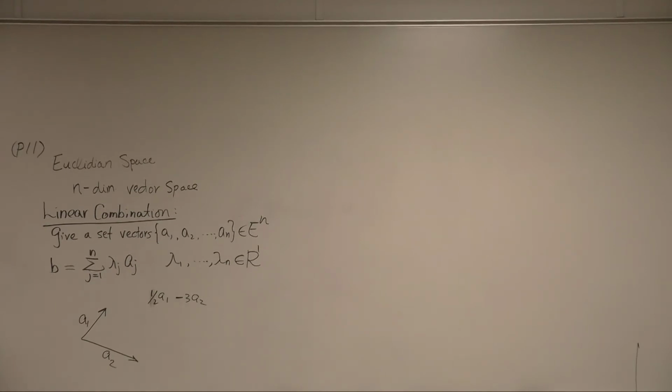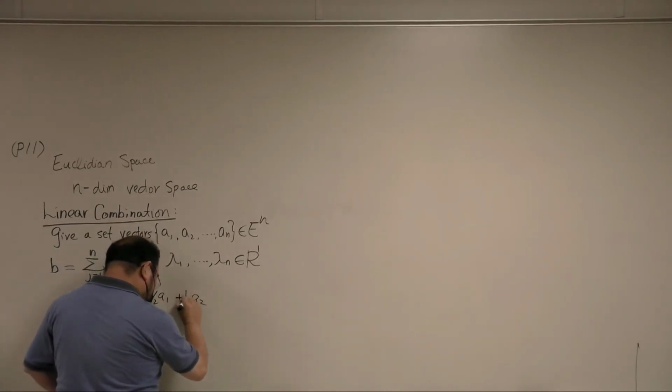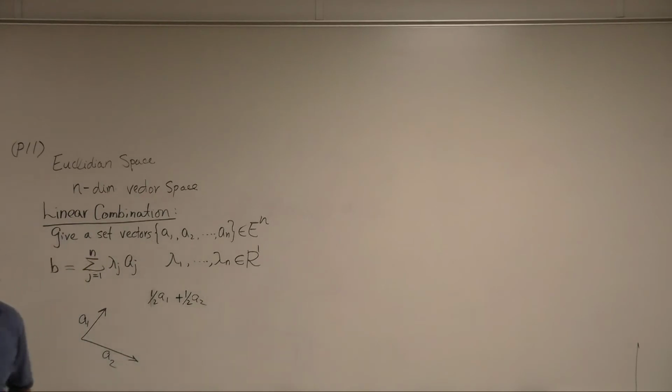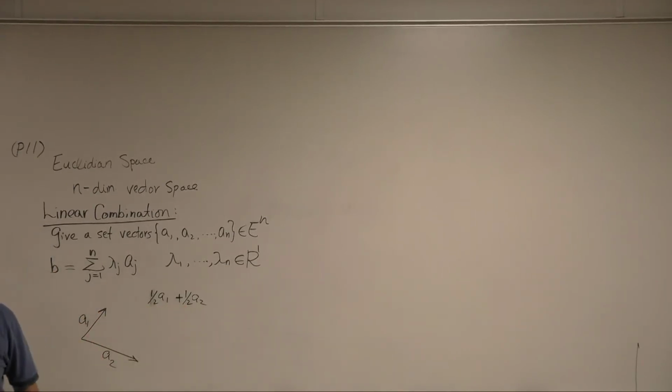Everybody kind of understand what I'm getting at? Can it be 1/2 of A2? Can it? Still, lambda 1 and lambda 2 are real numbers. So if I generalize this, lambda 1 and lambda 2 can be any real number.